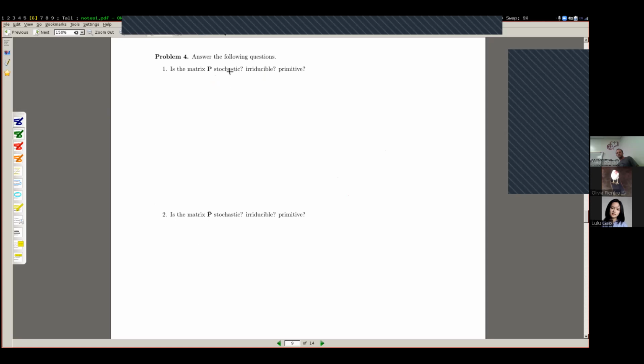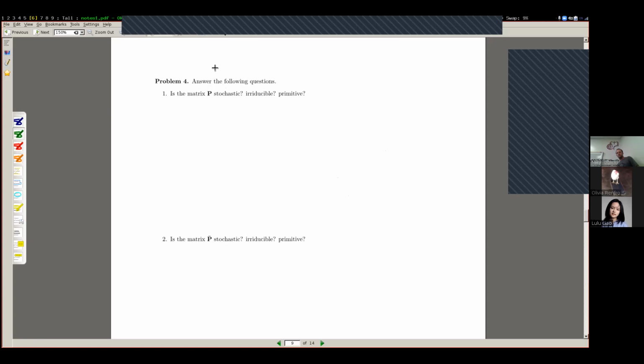And we want to know, is it stochastic, irreducible, or primitive? And here, anytime I'm asking one of these questions about does some variable satisfy some property, it's not, is there an example of a P? It means, is it guaranteed? Is the matrix P guaranteed for all possible legitimate values of P to satisfy these things?